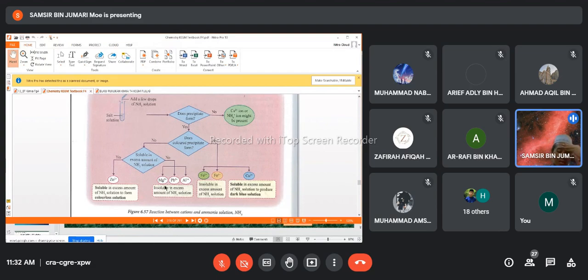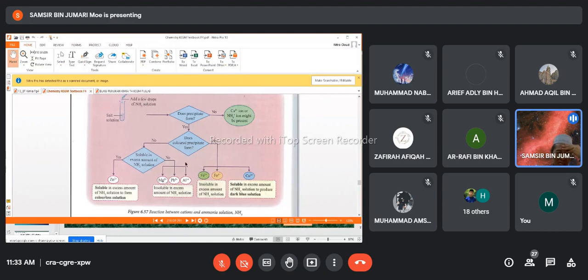Okay, jadi kita masih boleh dapat lagi nak menyaring ataupun mengenal pasti antara magnesium ion dengan aluminum ion. Magnesium ion dengan lead 2 ion dengan aluminum ion dan magnesium ion juga.